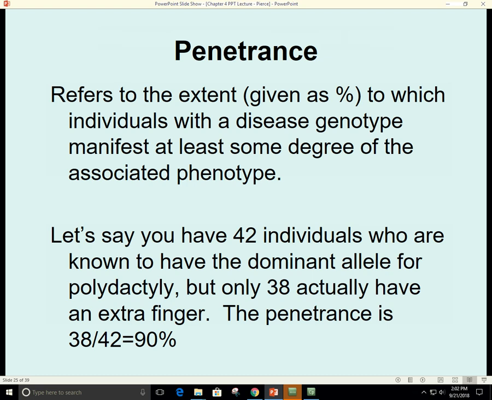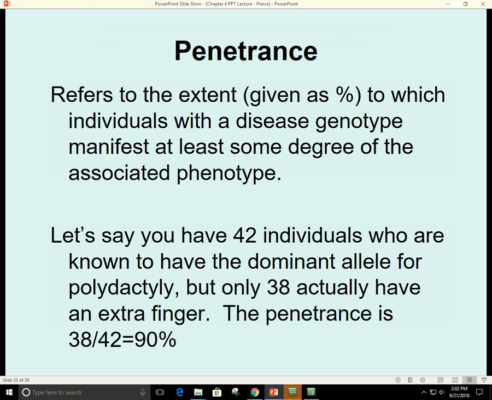And the definition of penetrance is it's the extent, usually given as a percent, to which an individual with a disease genotype actually shows some of the disease phenotype. So let's say you have 42 individuals. They could be from the same family. They have inherited a dominant allele for polydactyly, which is extra finger. But only 38 of them actually have an extra finger.